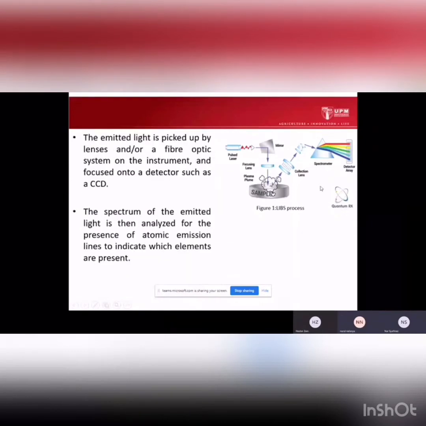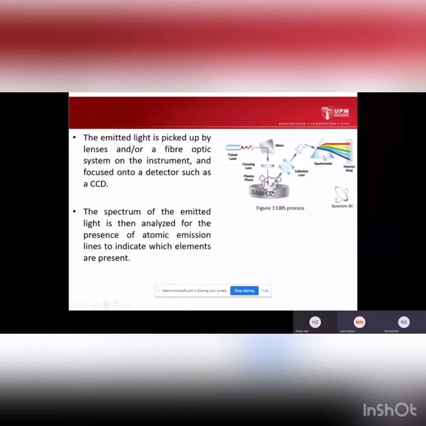Okay, the emitted light is picked up by a lens, which is the collection lens. It will collect all the emitted light and then focus it onto a detector such as a CCD. So the spectrum of the emitted light is then analyzed. The spectrum means the band of colors.